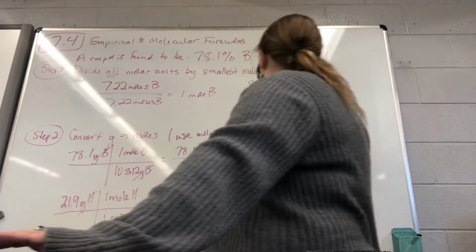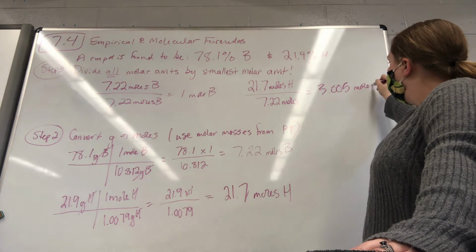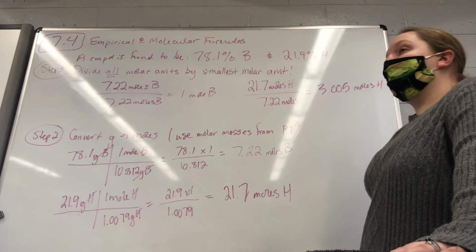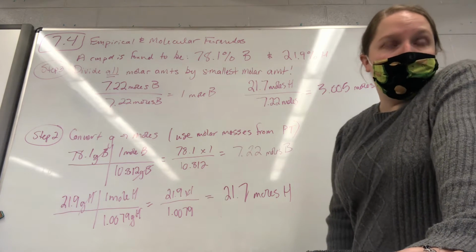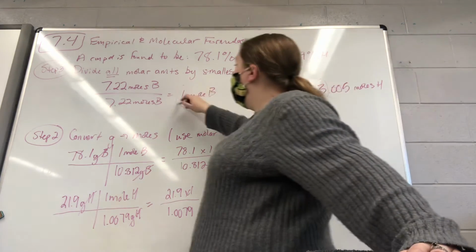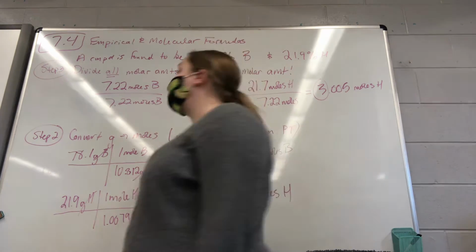Say again? Yeah, 3.005. No. What we're looking for is the nearest whole number. Okay? These are both whole numbers. So this gives us what our formula should be.